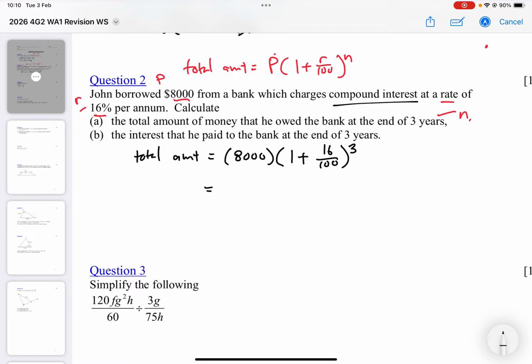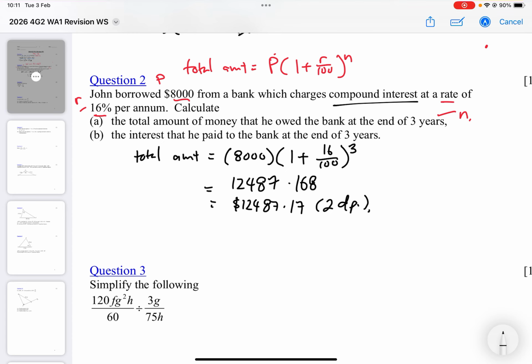I will get 12,487.168, or 12,487.17 to 2 dp for money. Okay, so take note this total amount means how much it ends up being.